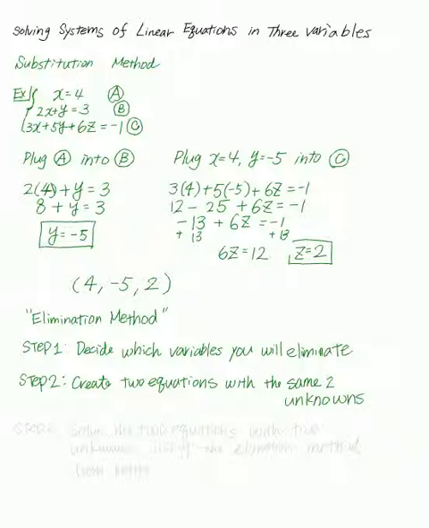Now our third step is going to take us back to our previous semester and actually earlier lecture, where you now have a 2x2 system, or two equations with two unknowns, and you're going to solve the system. Usually when we're doing this method, the easiest way to solve this 2x2 system is using the elimination method.